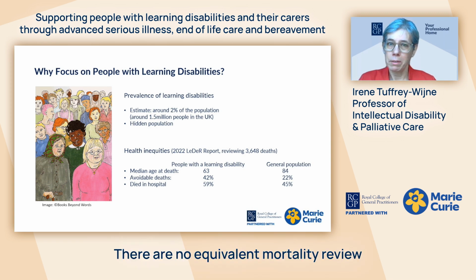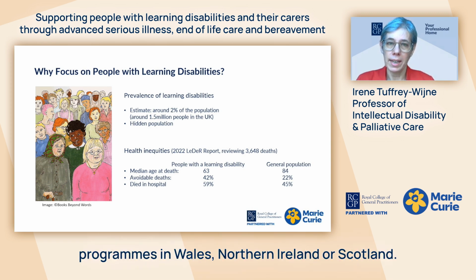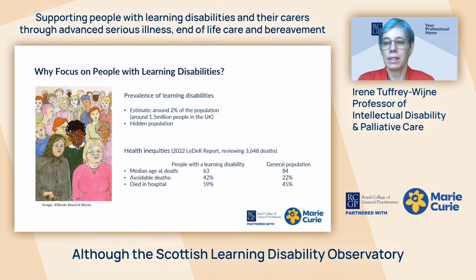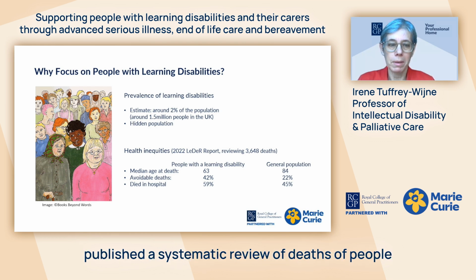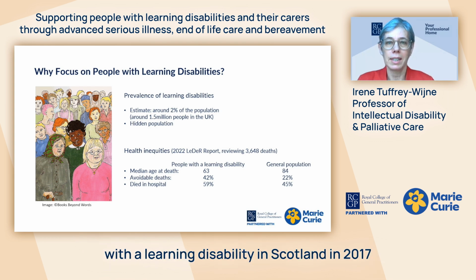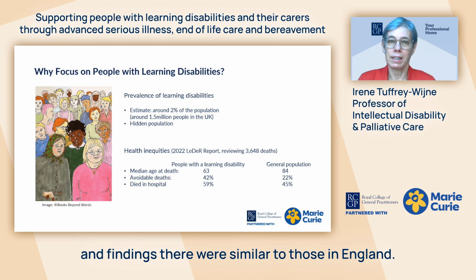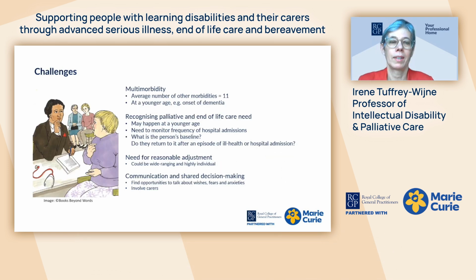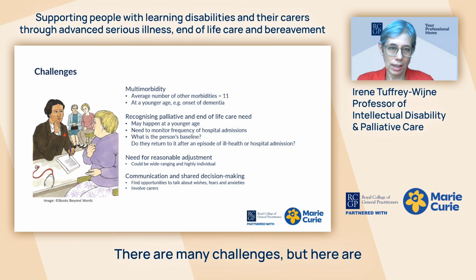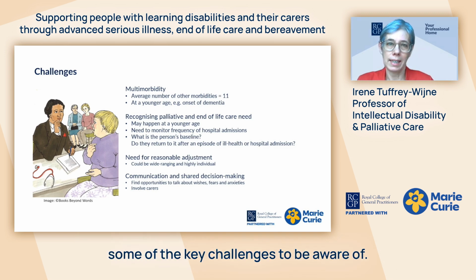There are no equivalent mortality review programmes in Wales, Northern Ireland or Scotland, although the Scottish Learning Disability Observatory published a systematic review of deaths of people with a learning disability in Scotland in 2017, and findings there were similar to those in England.